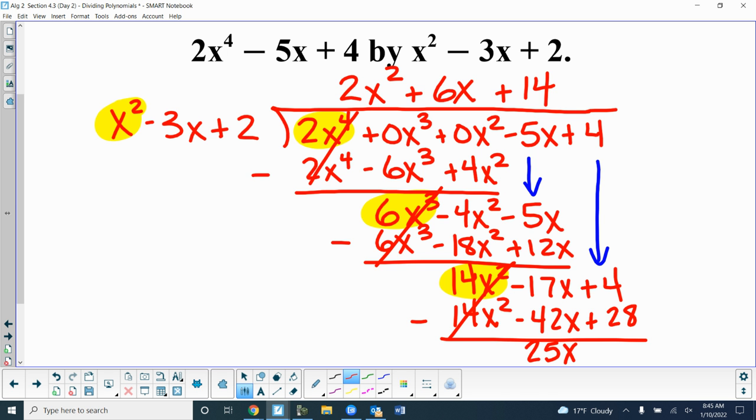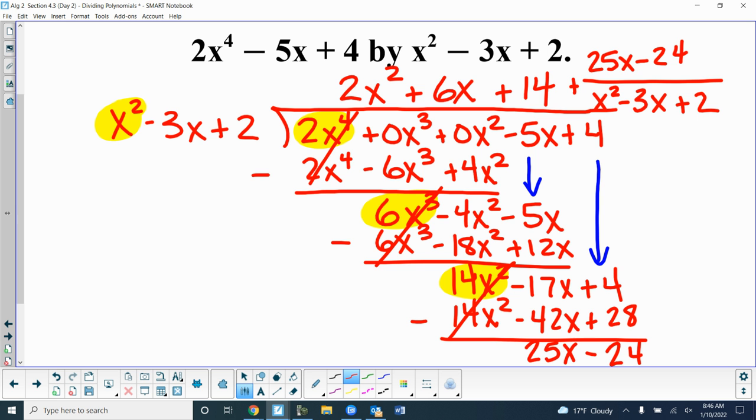And then 4 minus 28 is a negative 24. So I write my remainder over whatever I was dividing by. So this is x squared minus 3x plus 2.